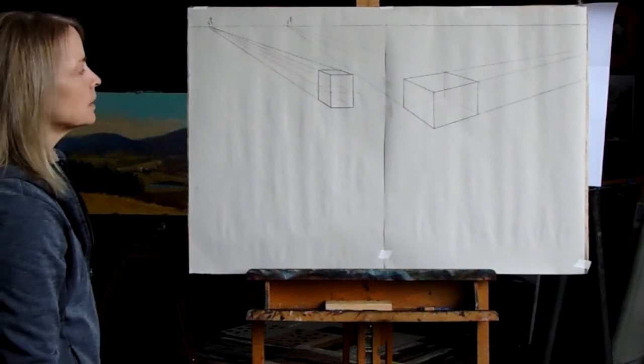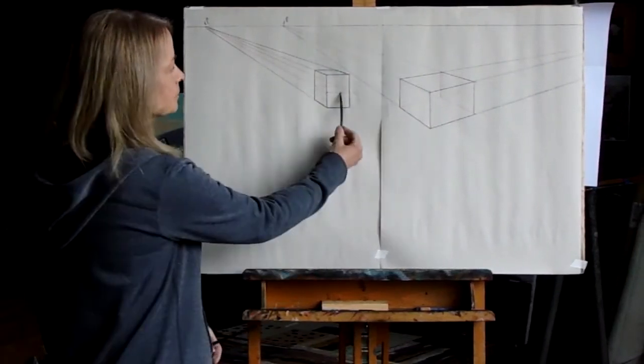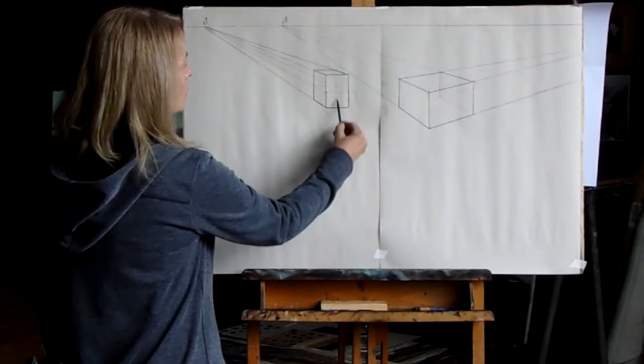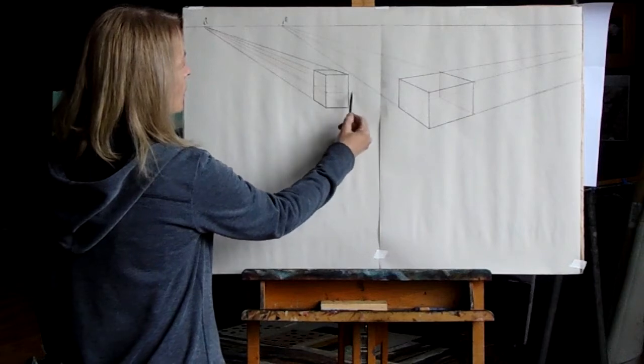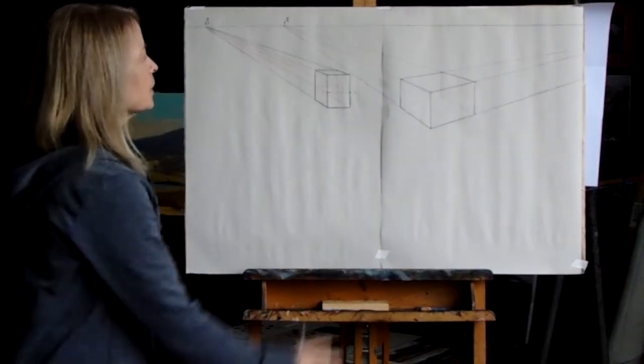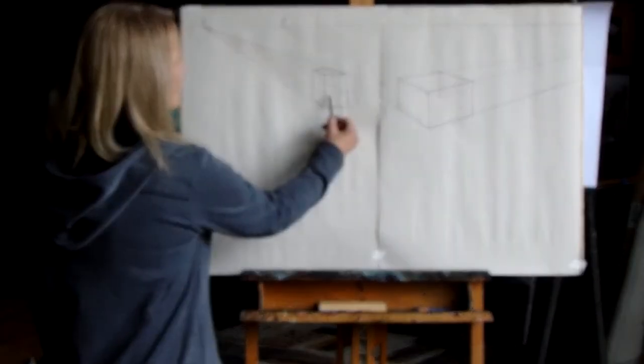Okay? Now let's try to conceive of the furniture in these boxes. Here I've shown the transparency of the box, and I've also indicated the halfway point. I'm going to think of this as my chair. Okay? So let's look at it.